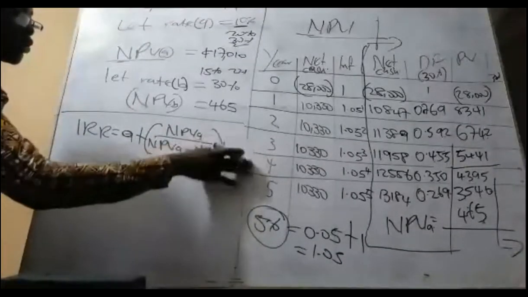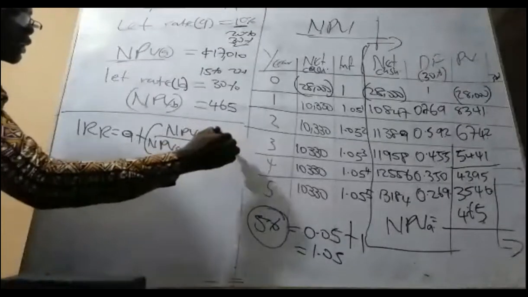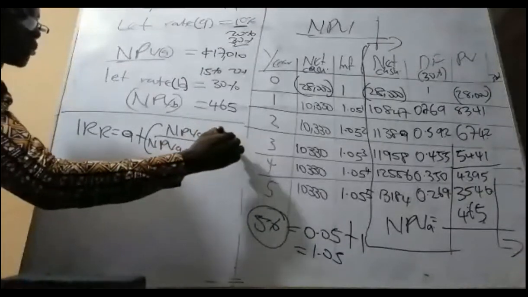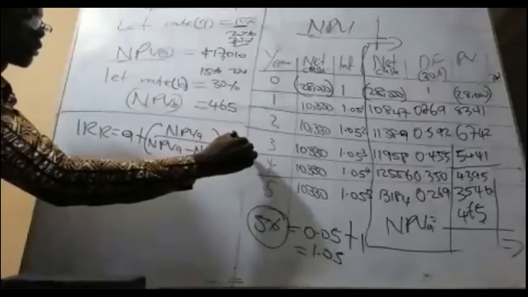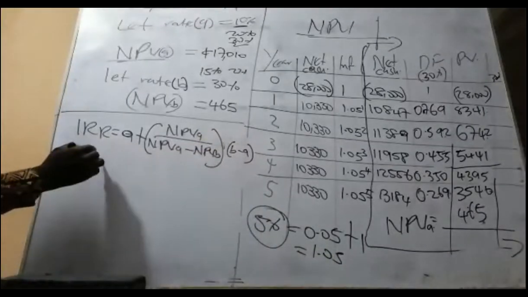So you are going to multiply by rate B minus rate A. So let's do the substitution.